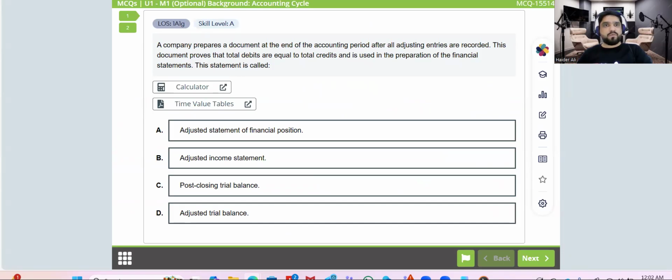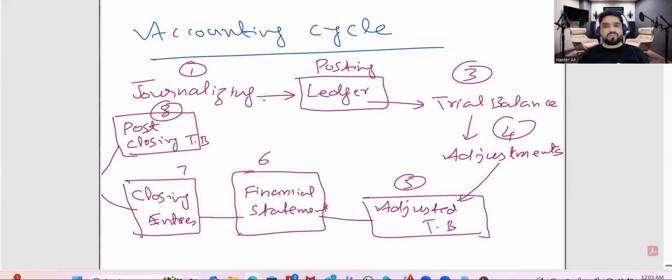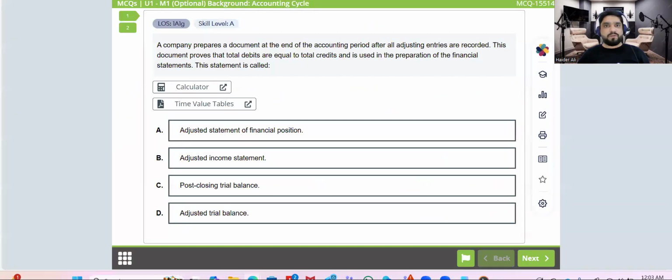This document proves that total debits are equal to total credits, and it is used in the preparation of financial statements. It is the same explanation I made, that the adjusted trial balance is ready for preparation of the financial statements. So which document are they talking about? They are talking about the adjusted trial balance. Very easy point, D is the correct answer.